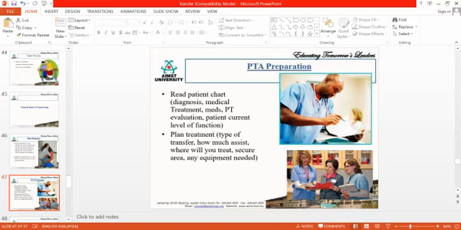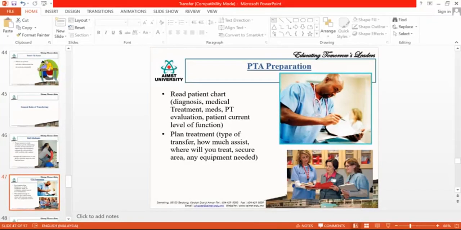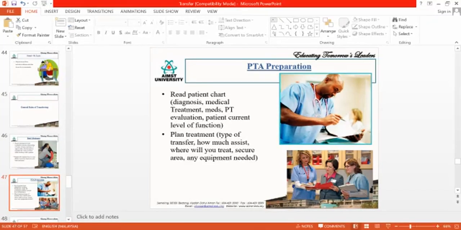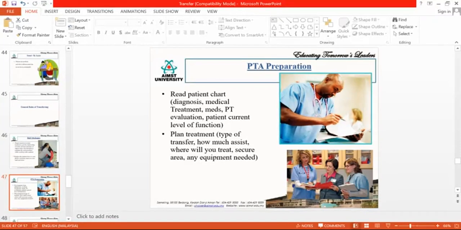Some medications will have side effects. So you need to read the case sheet properly, read the diagnosis properly, then decide and plan the proper transferring. Because sometimes like a neurological patient, once they will be normal.